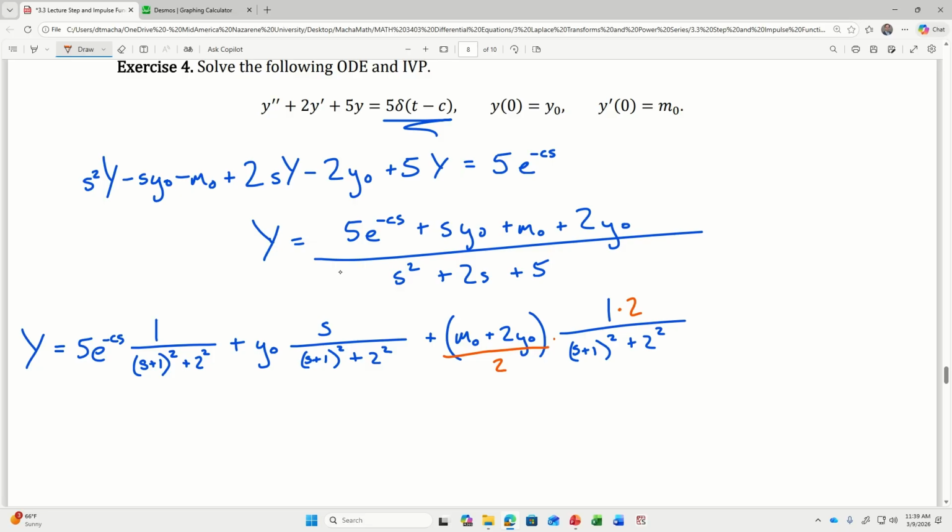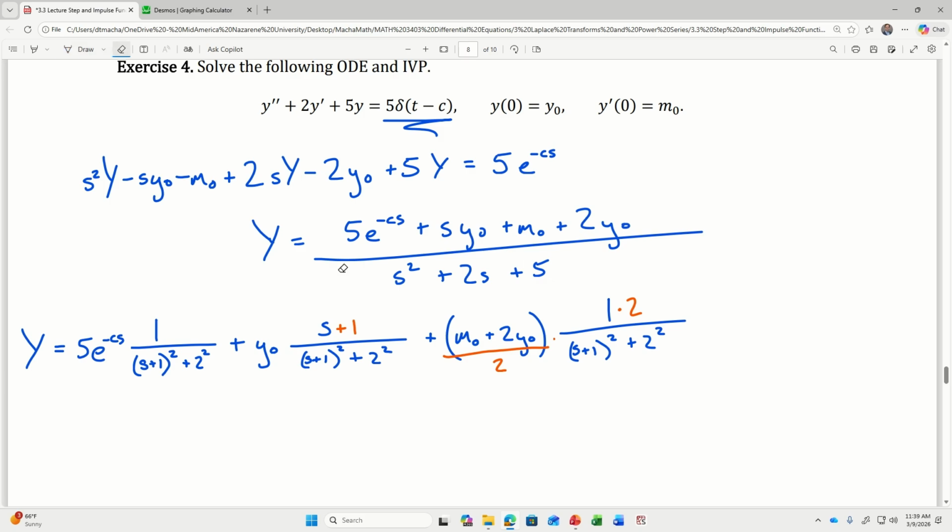That balances out, 2 divided by 2. And then I can get a plus 1 in the numerator here if I'm willing to subtract y0 times 1 over s plus 1 squared plus 2 squared from this thing.